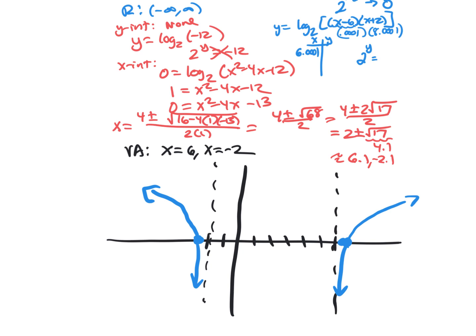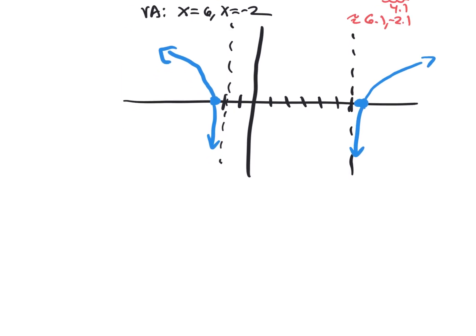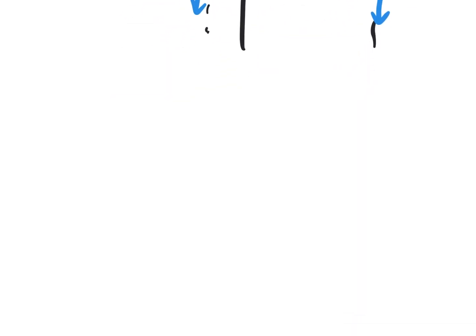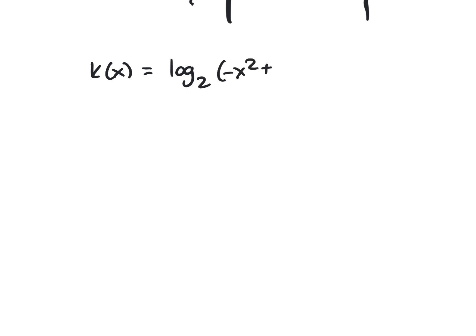Okay, let's do something similar in the fact that there's a quadratic inside, but has a very different look. This is going to be k of x, on 5.6. All right, k of x is log base 2 of negative x squared plus 2x plus 63.